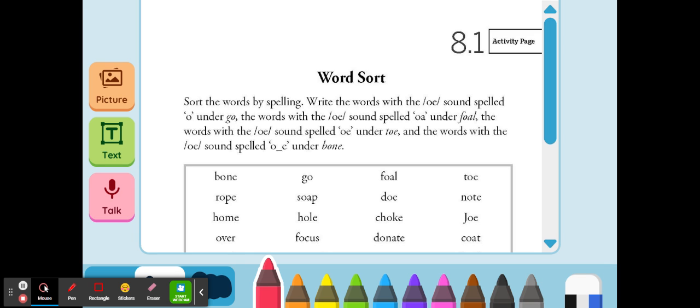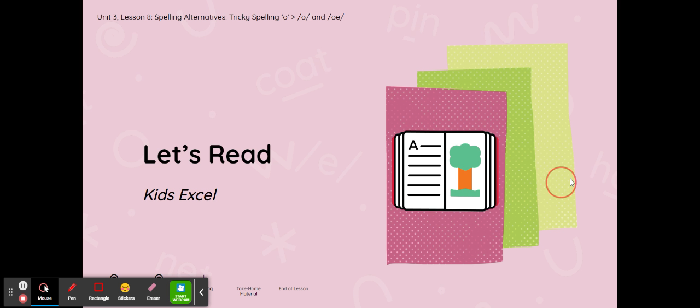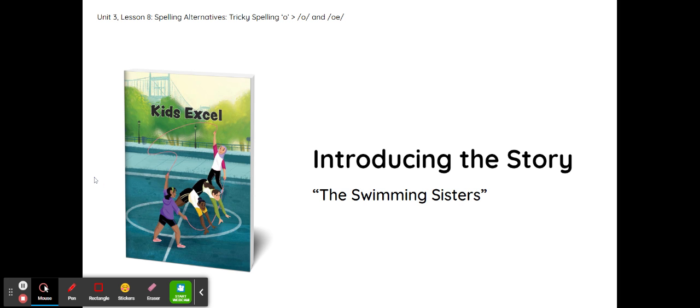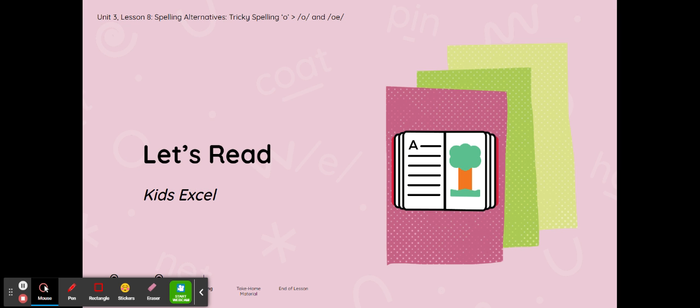And the words with the O sound spelled O consonant E under bone. Once you finish with your word sort, let's read.